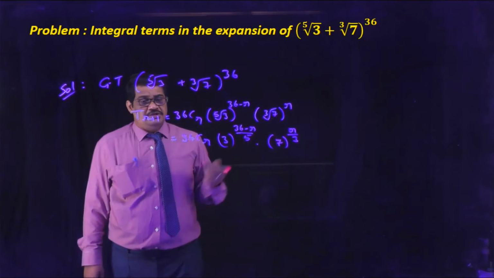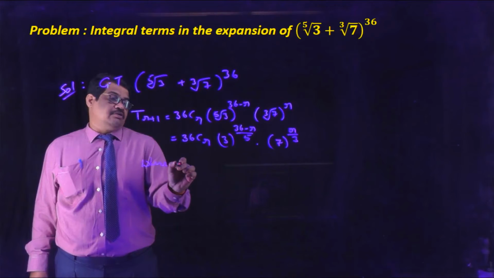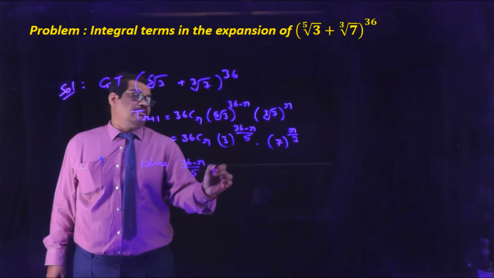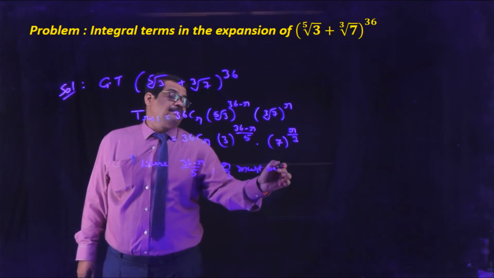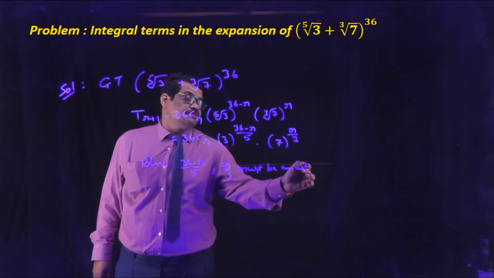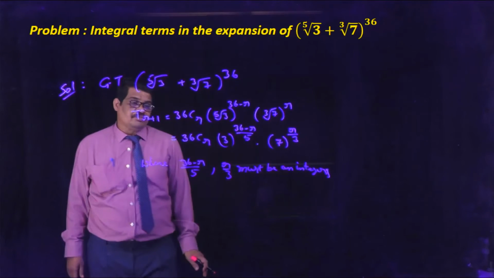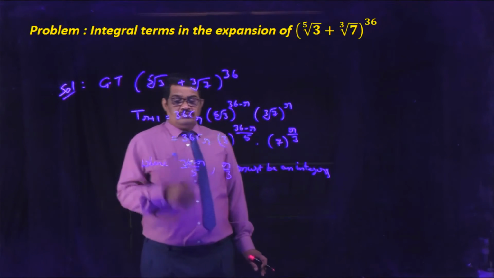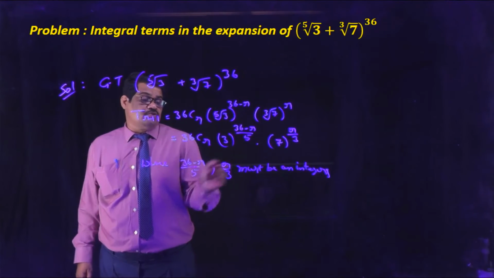So these are the integral terms when the powers (36 minus R) by 5 and R by 3 must be integers. Now we check for what values of R these two are integers.